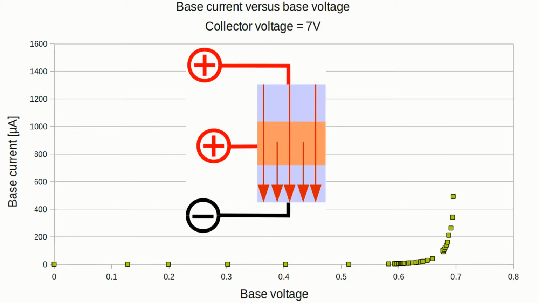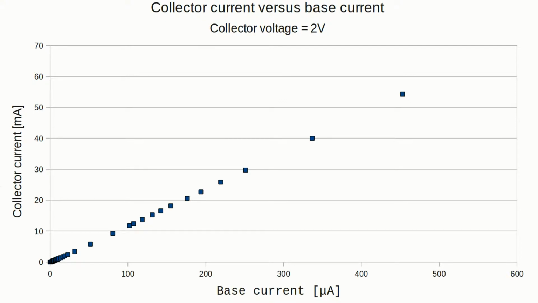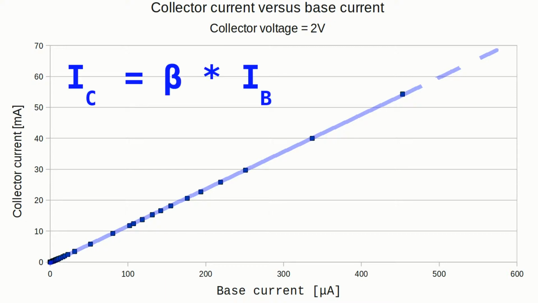base voltage. Let's have a look at the relation between base current and collector current, which can be determined with the recorded values too. We can see an almost linear correlation between both values, hence the collector current is approximately beta times the base current.